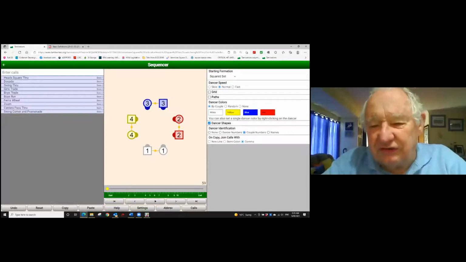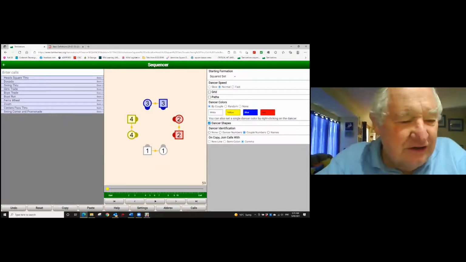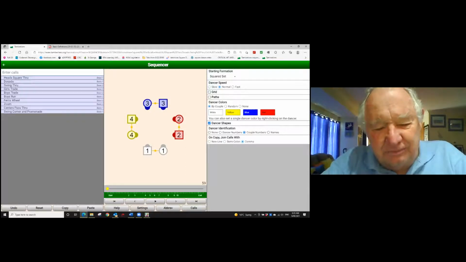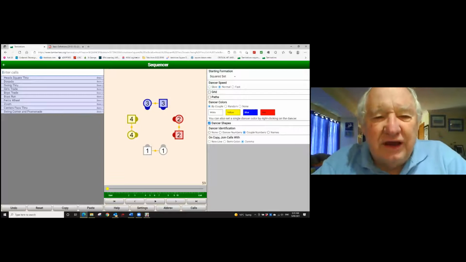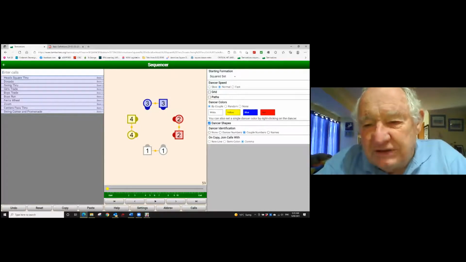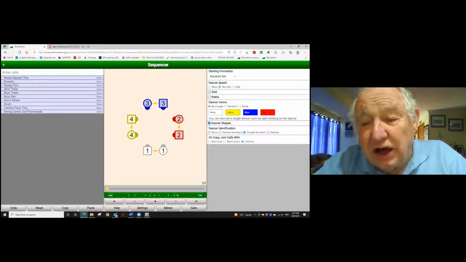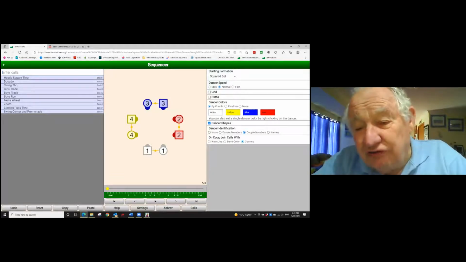Sometimes, for fun stuff, I'll have things like, and this is not a separate, but it feels a bit like a separate. If you have, say, head boys, take both girls up to the middle and back, and then lonesome boys pass through and turn either direction, right or left, go around 3 and make a line of 3, 4, or 5, and then everybody join hands, circle to the left.